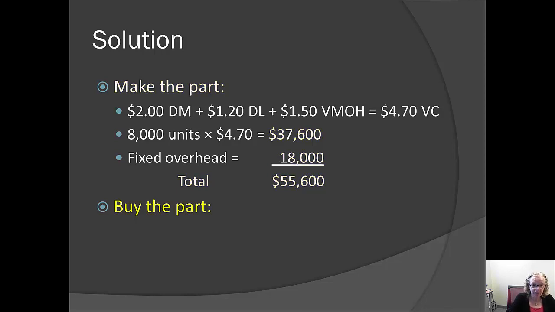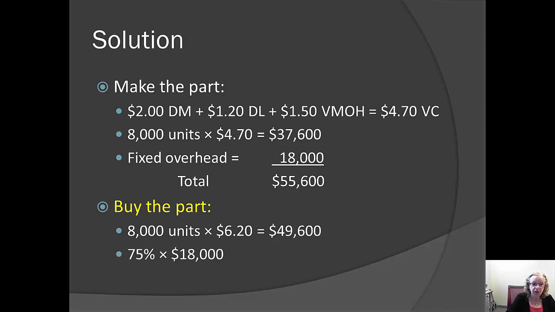What happens if we buy the part? Well, we don't have to pay for any of the variable costs. Instead, we have to pay $6.20 per unit times 8,000 units. And we have to pay 3/4 of the fixed overhead because we were told that 25% was avoidable.